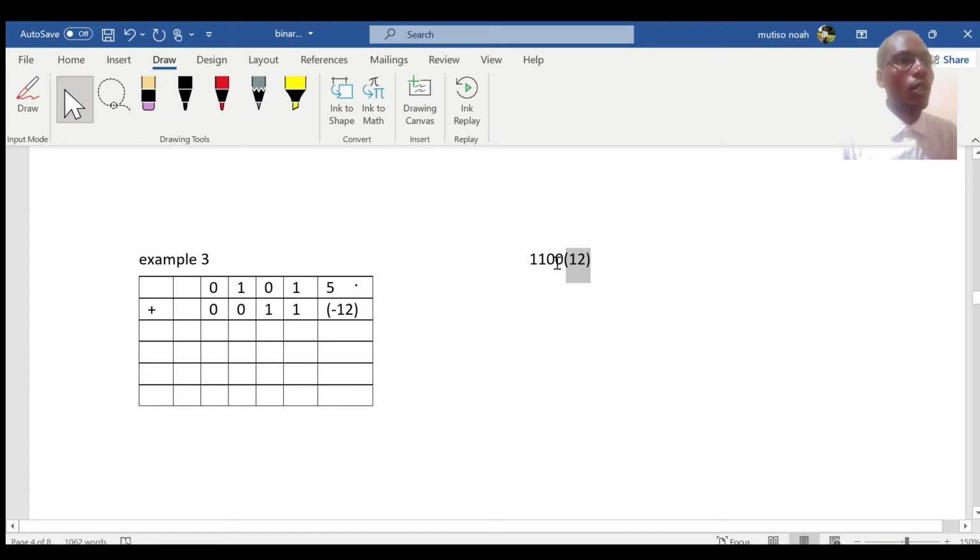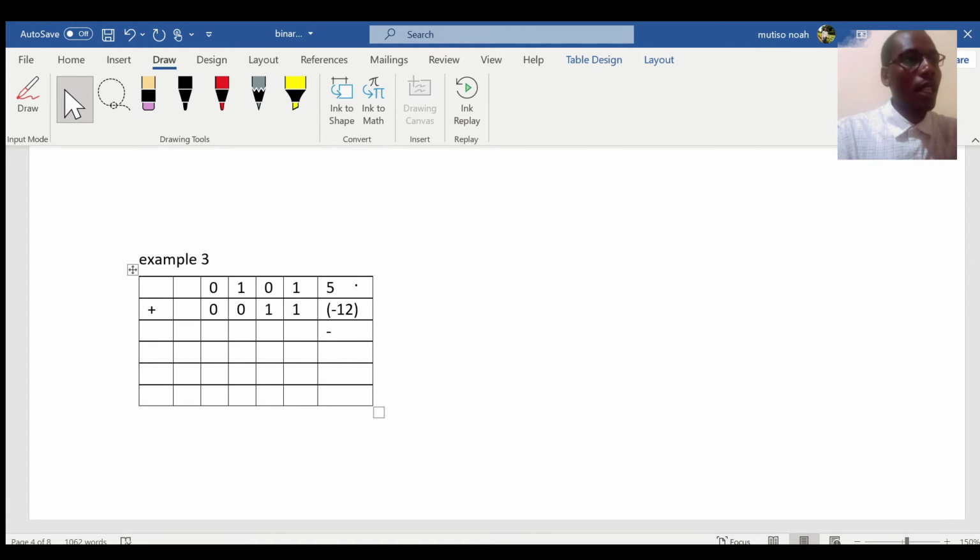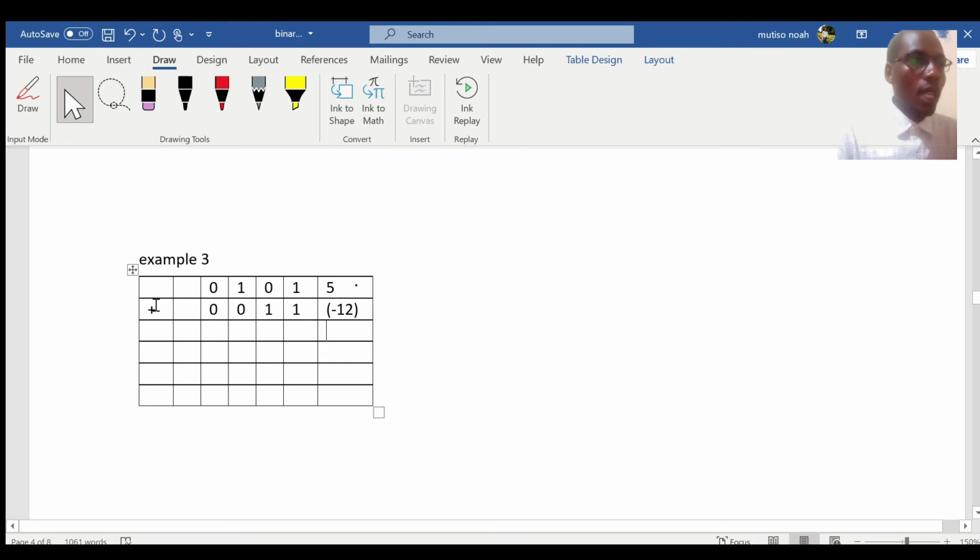So that is negative 12. So we are adding 5 plus minus 12. Obviously, you know that here we are supposed to get a negative number, which is negative 7. We are adding 5 to the complement of 12, which in binary is this one and this one.